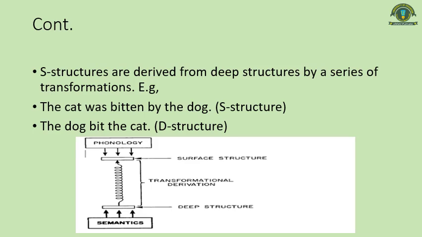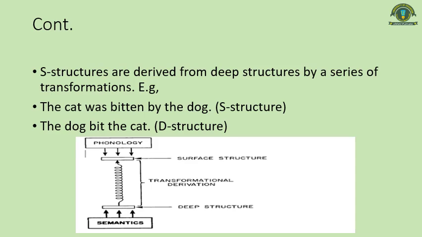The surface structure actually is the phonological aspect of that sentence. For example, the sentence that we hear or the sentence that we utter. Then transformation and then deep structure. And the deep structure is concerned with the semantic meaning of that sentence.